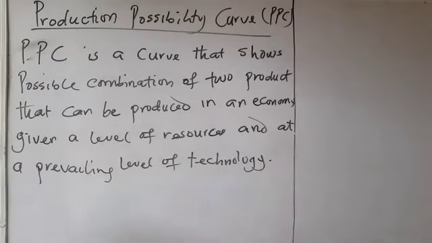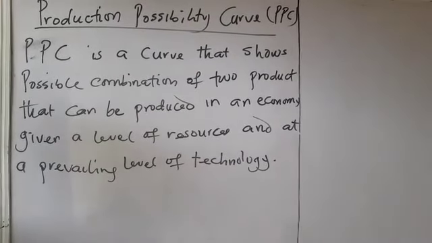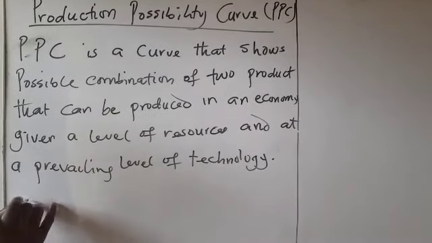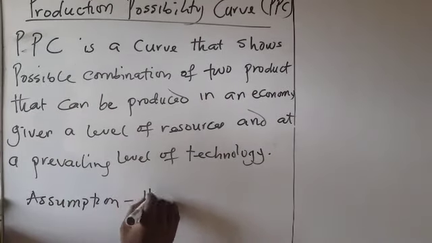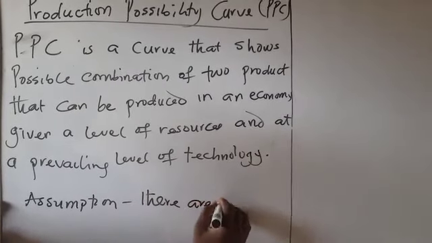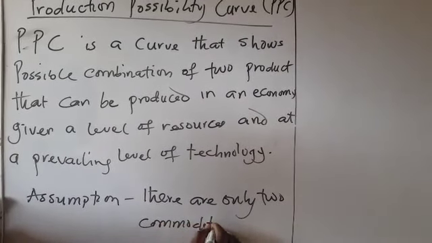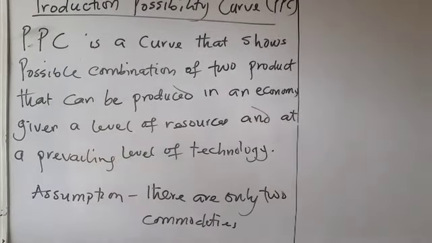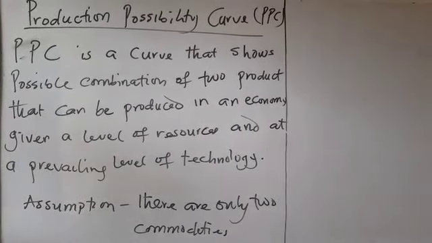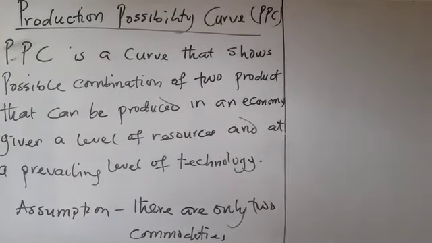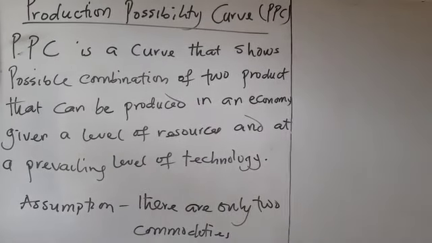That is one of those things that makes the production possibility curve easy to understand: there's going to be an assumption that there are only two commodities. We are going to work on that assumption. So it means that we can explain the production in a particular economy under two different headings.